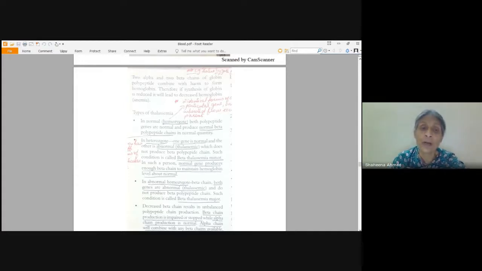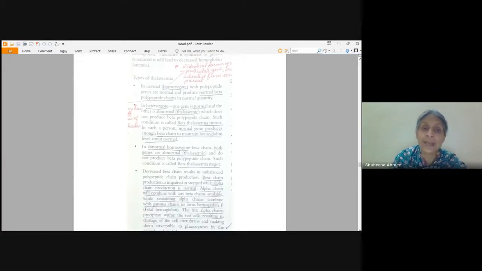These alpha and beta polypeptide chains combine with heme to form hemoglobin. Now, the defect is in these globin chains. So thalassemias can be of two types. Either there can be beta thalassemia or there can be alpha thalassemia.